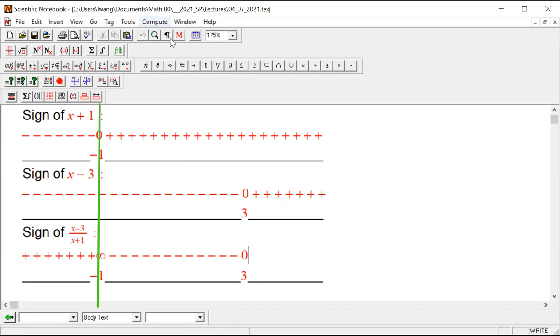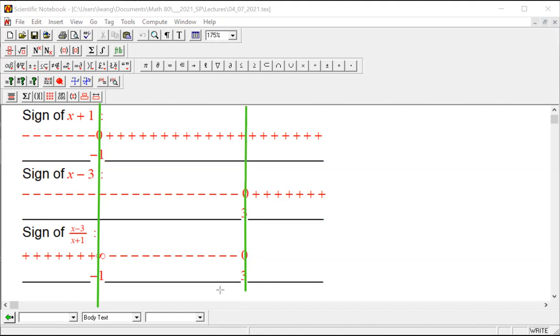And after 3, x minus 3 over x plus 1 is a positive divided by positive. So that's another line of separation, right? Let me just redraw this line. It's going to be about here.